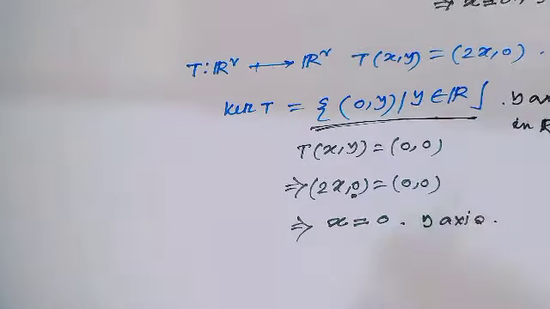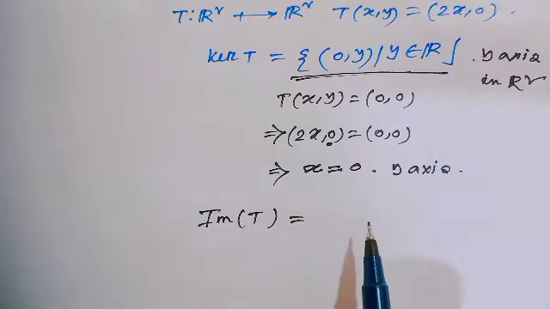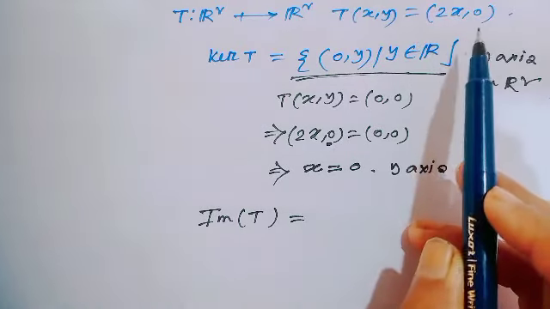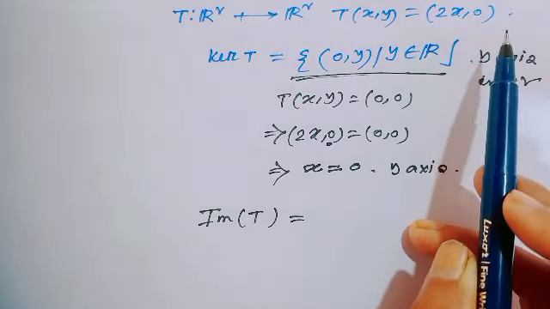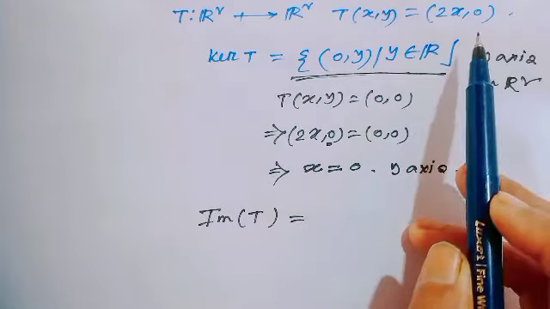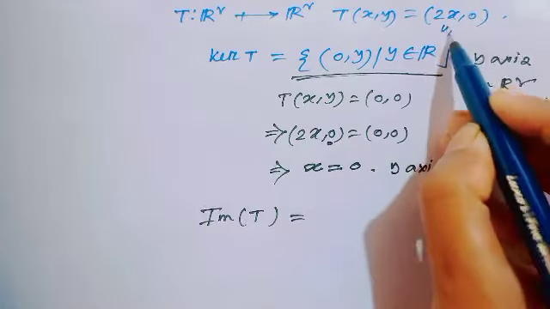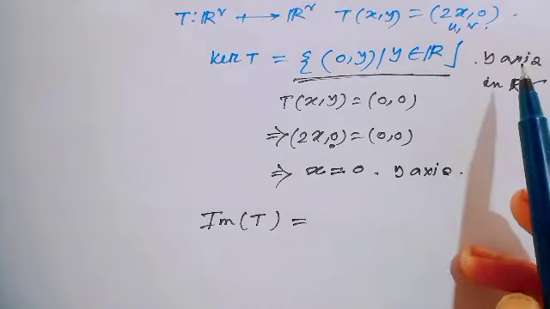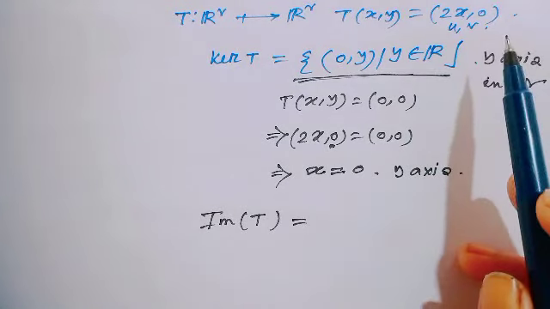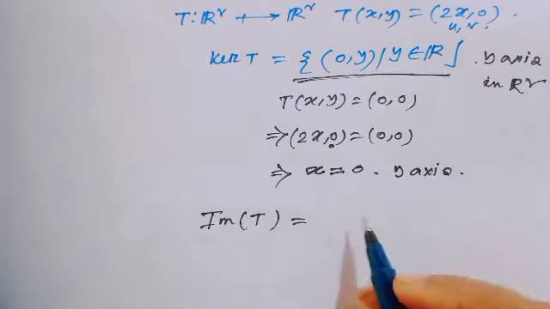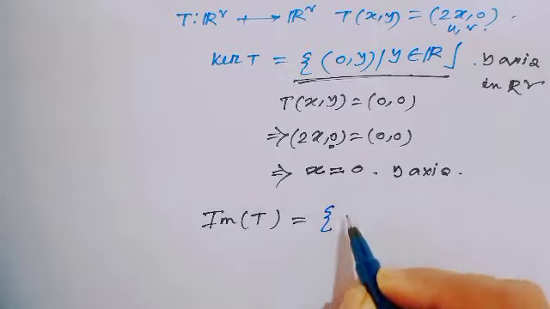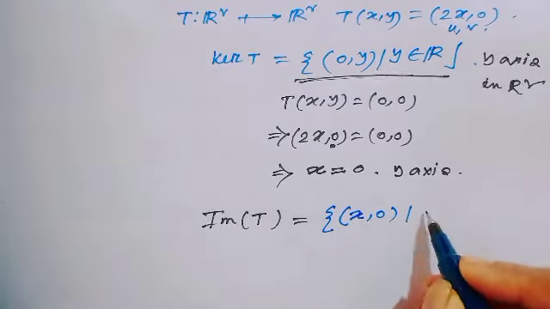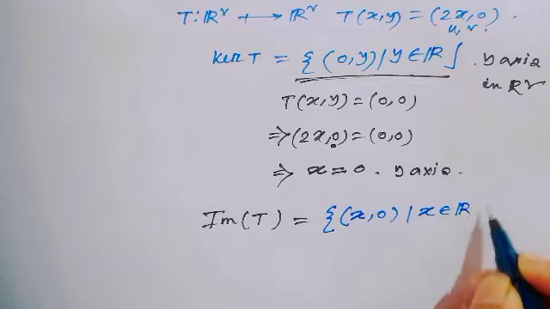Okay? Well. And what would be the image of this transformation? Notice here T of (x,y) looks like (2x, 0). If you consider the element as (u, v), then (u, v) is the same as (2x, 0), so the element looks like (x, 0) where x belongs to any real number.